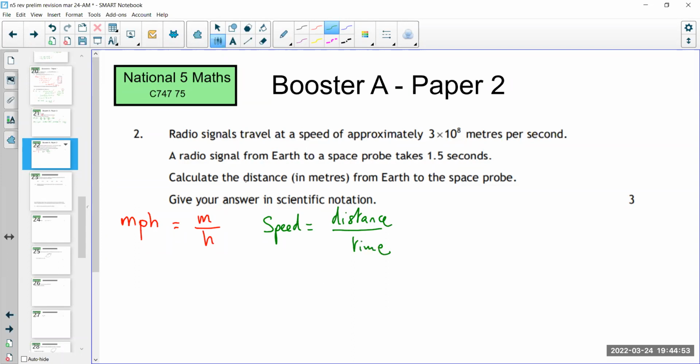Now, what is the question asking? Calculate the distance. So we need to make the distance the new subject of our formula. So you times both sides by time, distance becomes speed times time.